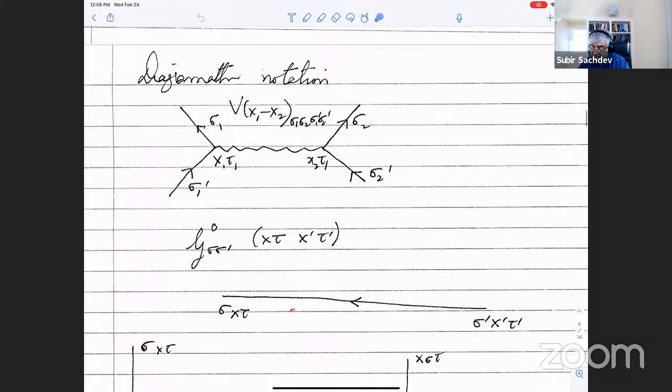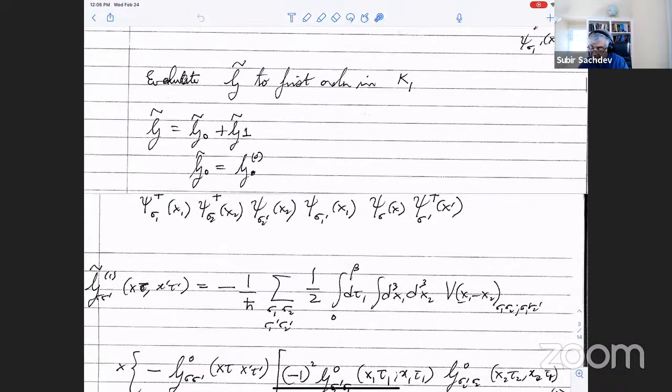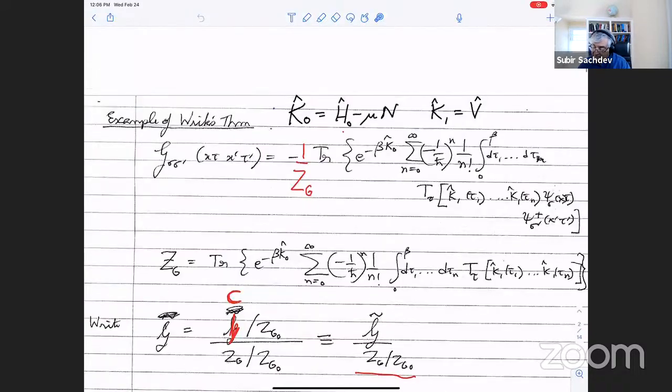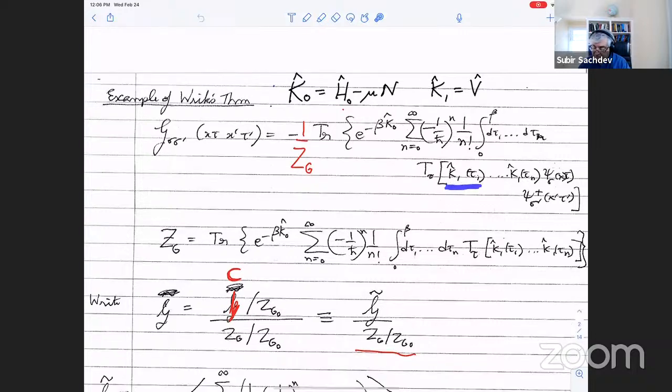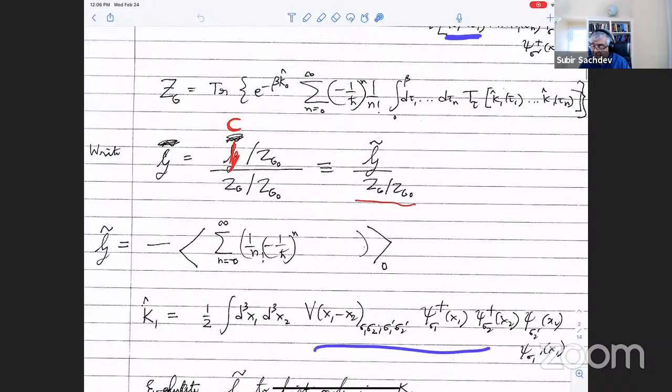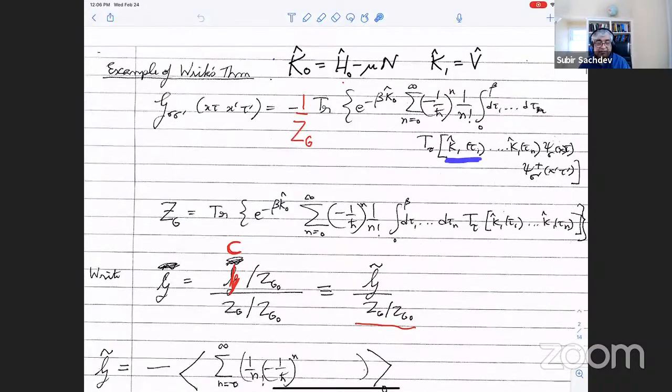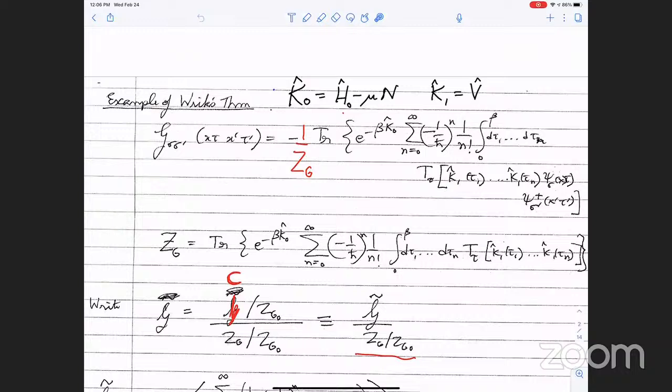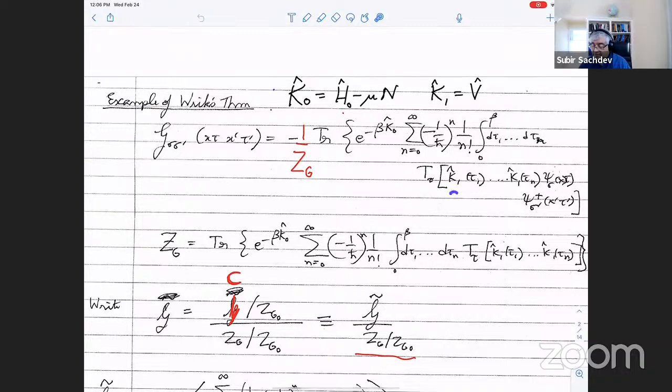If you look at the Wick's expansion that we started with, something like this, there are two different places fermion operators come in. One is from the interaction K1, which is this term here, and I've already told you how to draw them. And then there are these so-called external vertices. Those were internal vertices associated with the K1s.